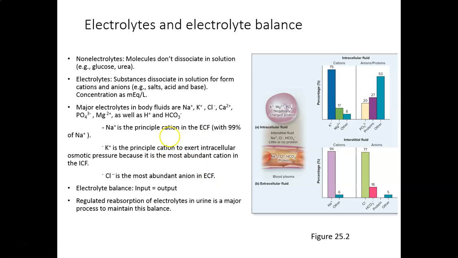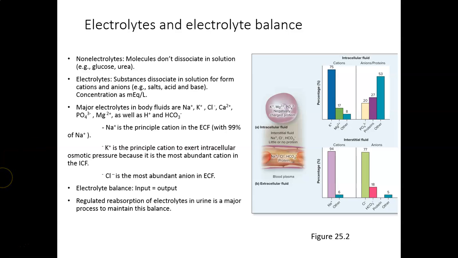The buffering systems our body uses, we're going to talk about at the end of the chapter. Hopefully you can make the connection and use that knowledge to memorize which of those electrolytes are in the ECF and which ones are in the ICF.